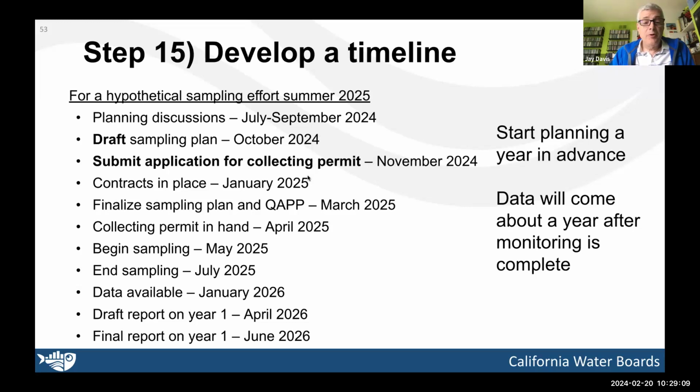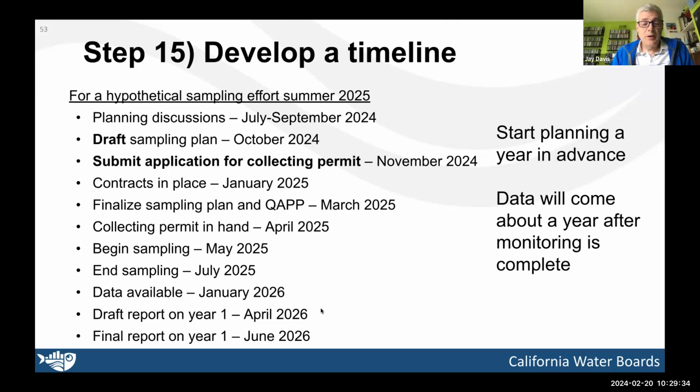And then while you're waiting for the permit, you can set up your contracts. You can finalize the sampling plan, work out all the details in a QAPP, and then if you get your permit by April and you can begin sampling in May, sample through the summer. It takes a while to have the samples processed and have the labs do their work. So you might get the data 6 months later.